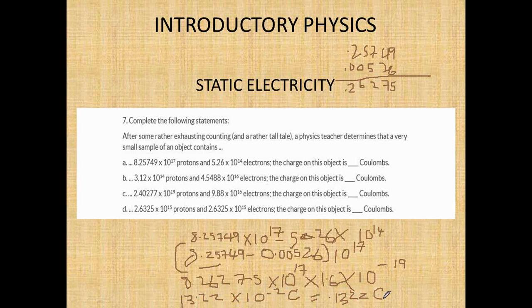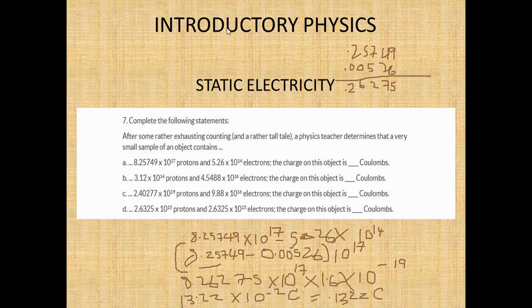And it's positive because you have an excess amount of protons, more protons than electrons. You multiply the number of excess protons times the charge on each proton, and you get the total charge.